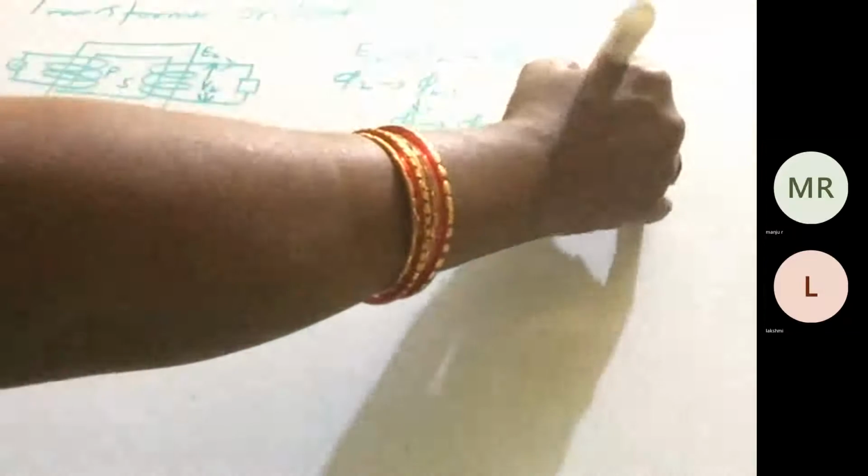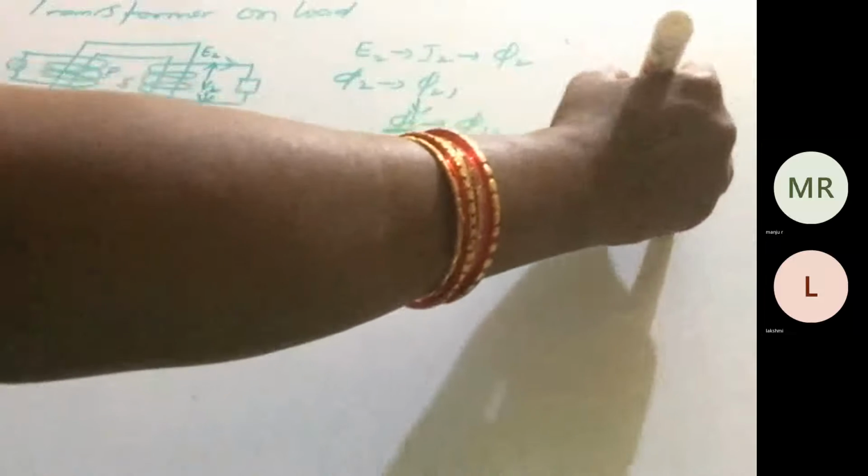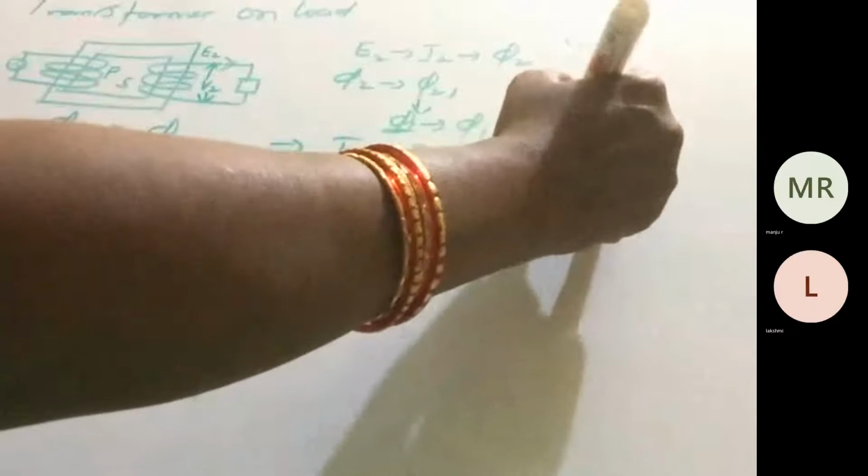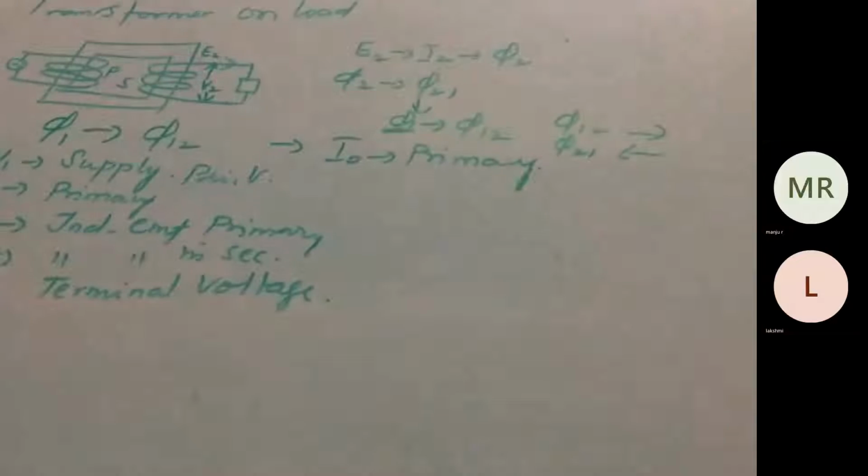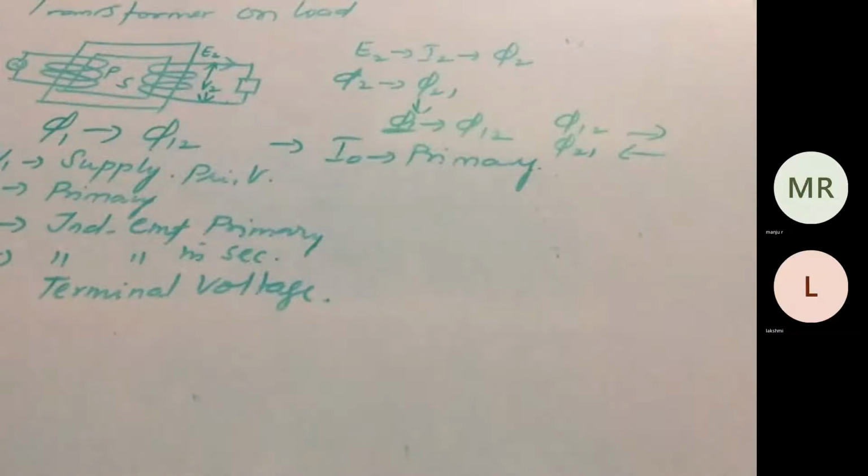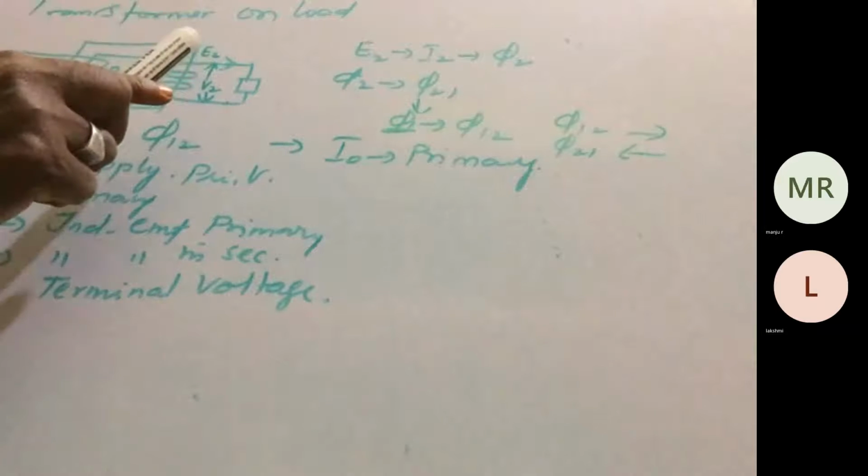Phi 2 1 and phi 1 2 will be in opposite directions, so these two cancel each other.